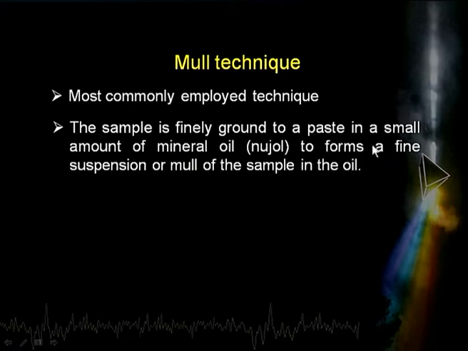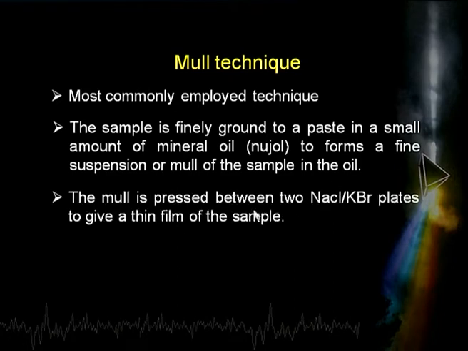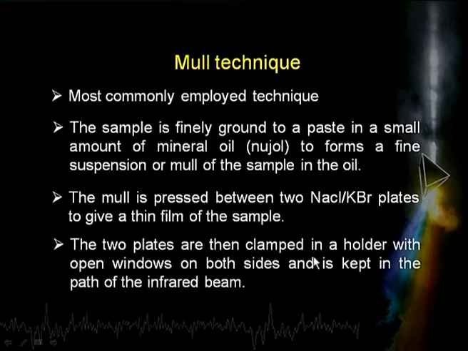This paste is a suspension of the material in the mineral oil or nujol, and this suspension is referred to as mull. Then this mull is pressed between two NaCl or KBr plates, and this gives a very thin film of the sample between the two plates. The plates, as before, are clamped into the holder, with the windows open on both sides, and this is kept into the path of the infrared beam, and then we record the spectrum. This is called the mull technique, a very commonly used technique.